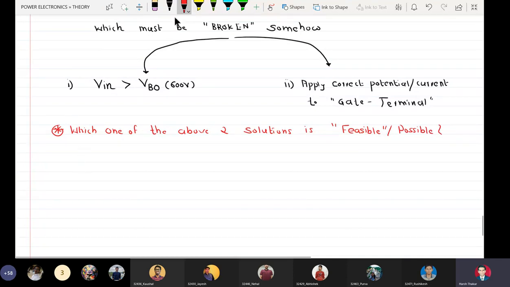Let us consider the first one. Now Vin is nothing but a power supply. In fact, it is a regulated power supply.